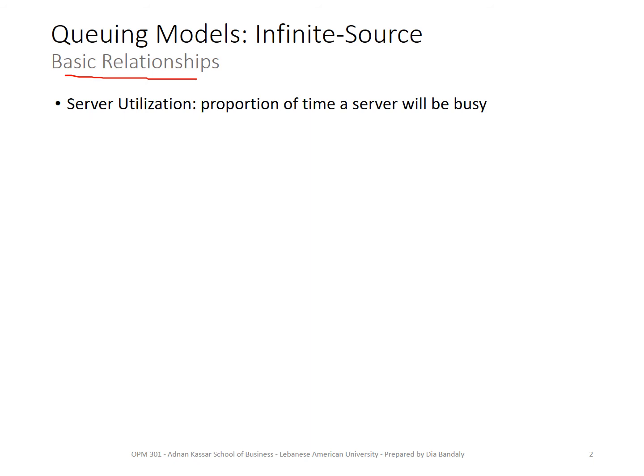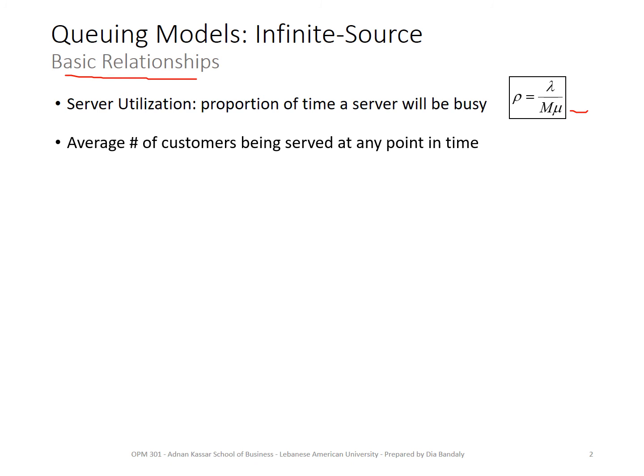So server utilization. Remember we defined that as the percentage of time a server will be busy. This will be denoted as rho, as we saw before, and this is always equal to lambda over m mu, where lambda is the arrival rate, m is the number of servers, and mu is the service rate. Okay, so this is done.